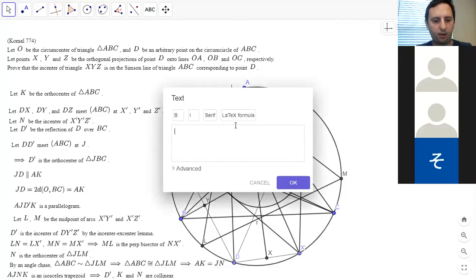By a homothety about D with ratio 1/2, the incenter of XYZ lies on the Simson line of D. All right. Looks good.